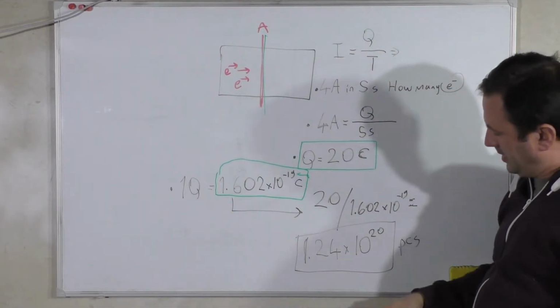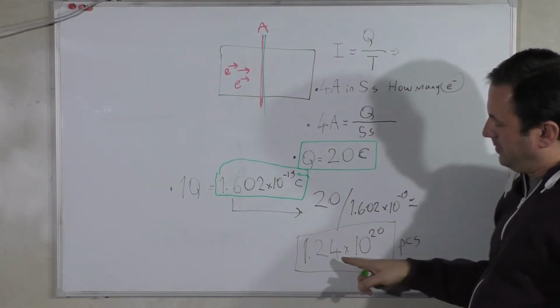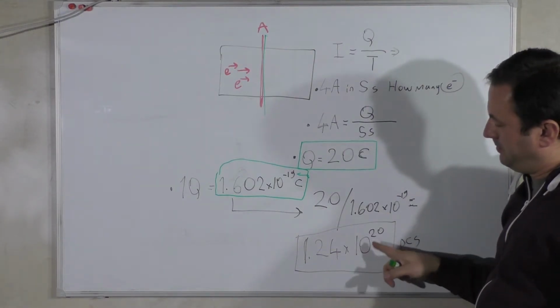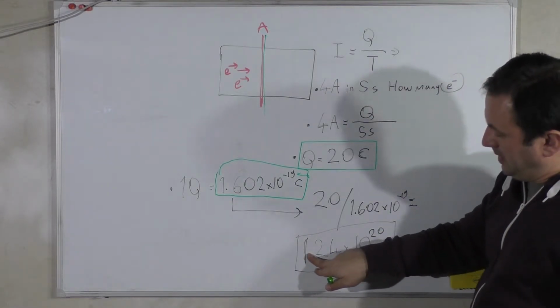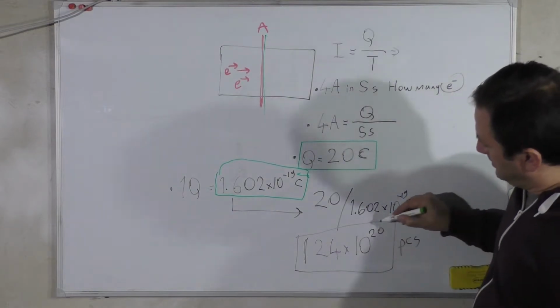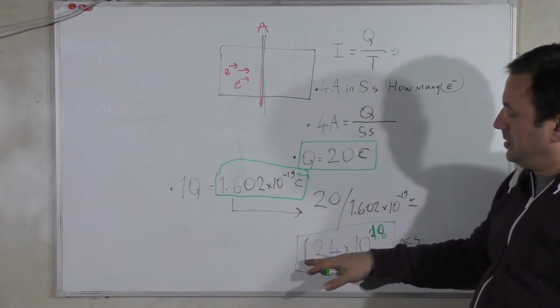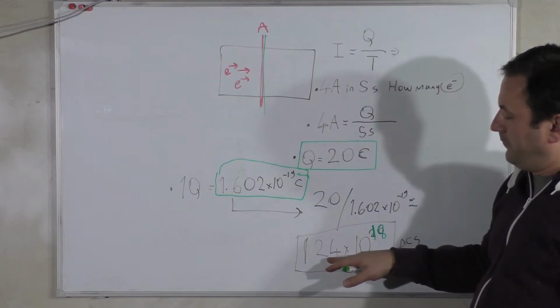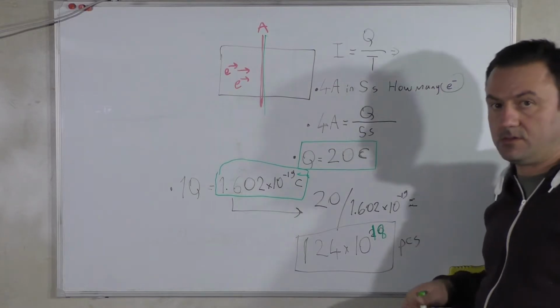Again it's a very large number, of course: 1.24 multiplied by 10 to the power of 20. I can put 18 here, so 124, and you must add 18 zeros after that number.